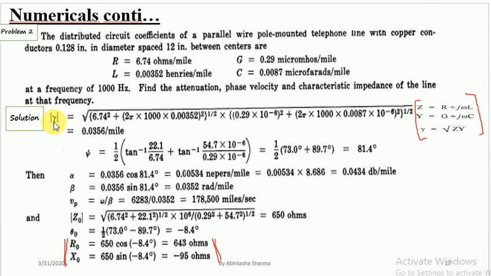So what is the formula? First of all, you have to calculate the attenuation. For calculating the attenuation, first you have to calculate the propagation constant.